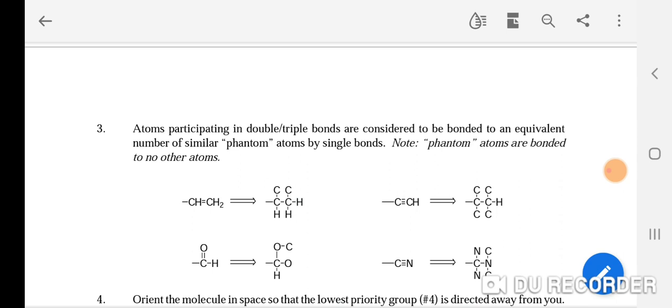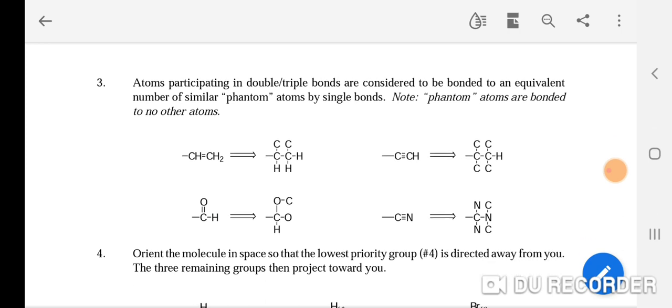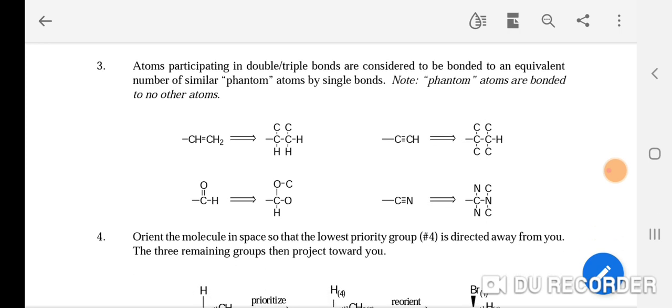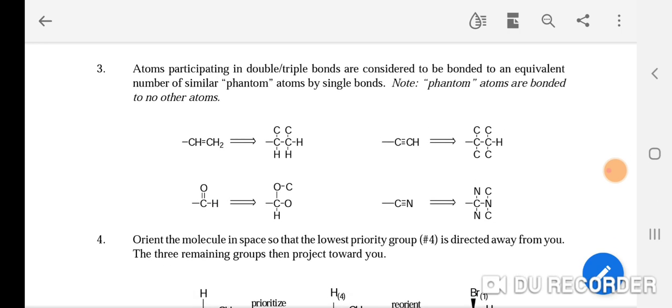Consider another example, where the carbon is attached to the phantom atoms. In the next example, aldehyde, the carbon is attached to oxygen and carbon phantoms. In the next example, CN, it is also attached to different phantoms.